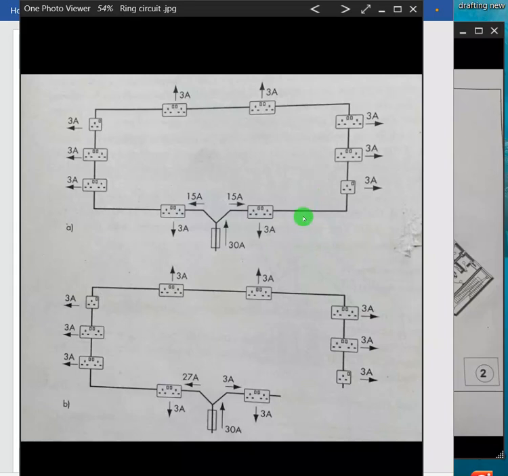It's actually 2.5 mm square, but the current carrying capacity of the cable is actually 5 mm square because it's two cables. One goes this way and supplies and comes back again. Both of them join together to provide this protective circuit. So in that case, the strength is going to be doubled, 2.5 times 2.